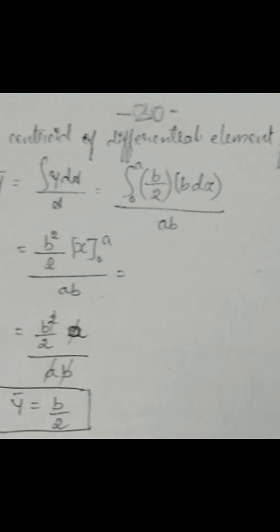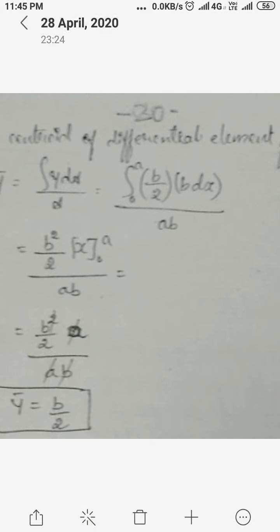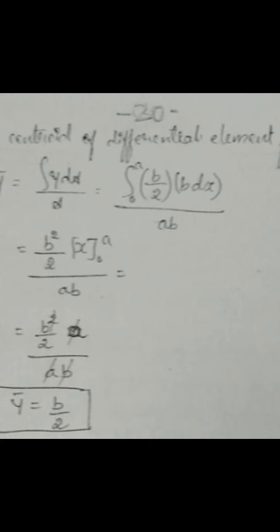If you substitute the upper limit a and 0 in place of x, you get a. So b square divided by 2 divided by ab: the b's cancel, and in place of x you write a. Finally, after all the cancelling, you get y bar as b by 2.